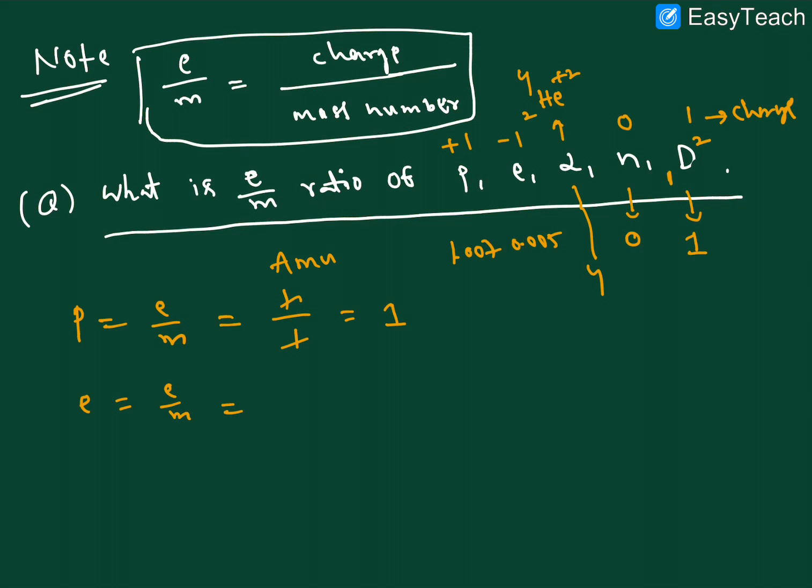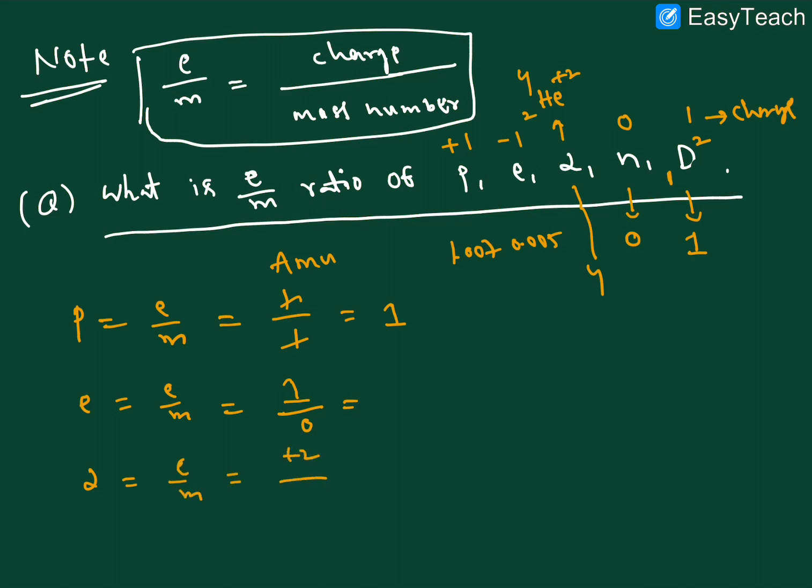The charge is -1 and the mass is 0, so we can take 1. You just take the value, negative or positive, you don't consider the sign. And we can't divide that.